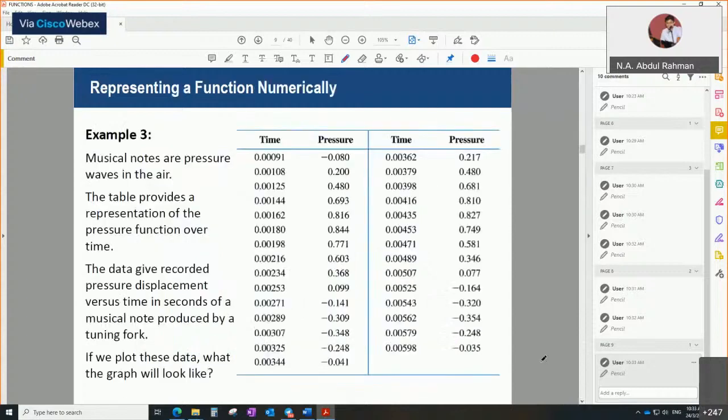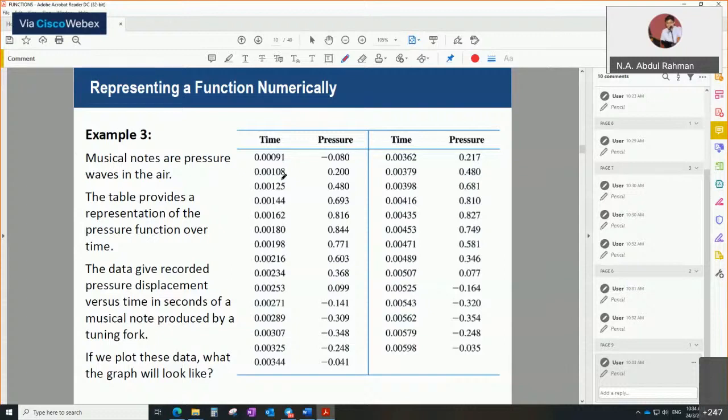So this is one example of how we obtain a series of data, numbers of data, for a function. This is from an experiment, I believe. These are musical notes, so we measure the pressure waves in the air. You can imagine that in the first place, they don't have the cosine, the tangent, the sine function.